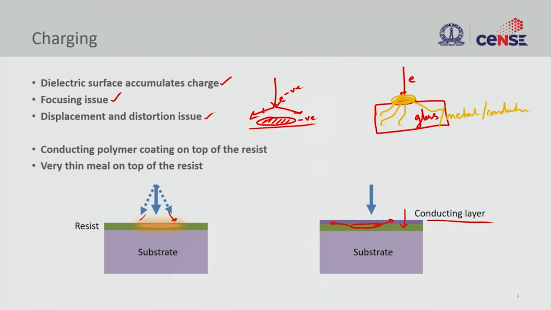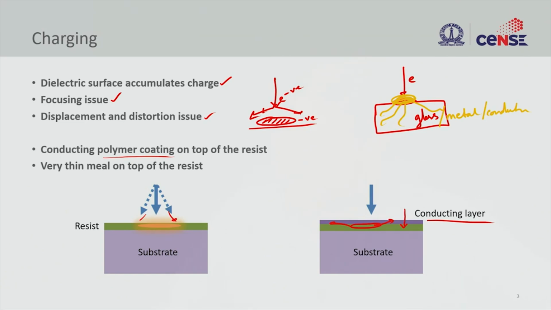It should be transparent to a large extent. It should not scatter the electrons. So you want it to be very thin. You can use some sort of conducting polymer, or a very thin layer of metal.